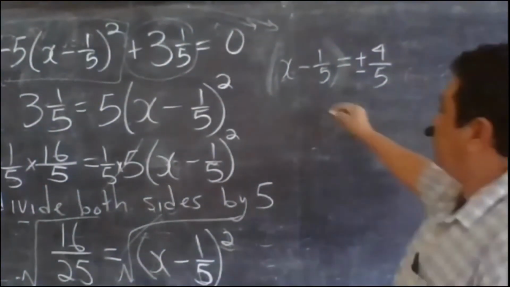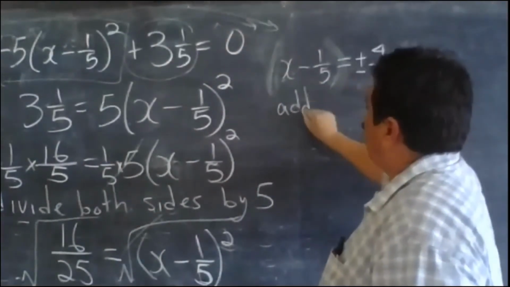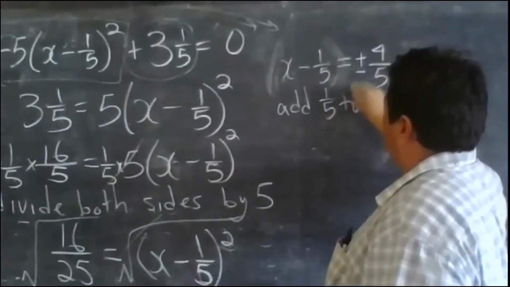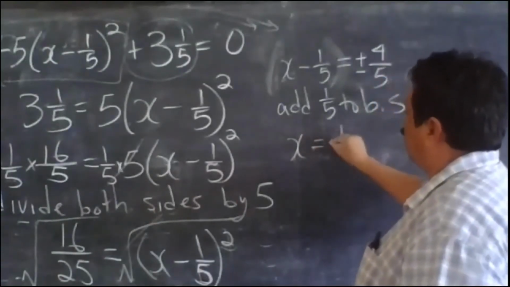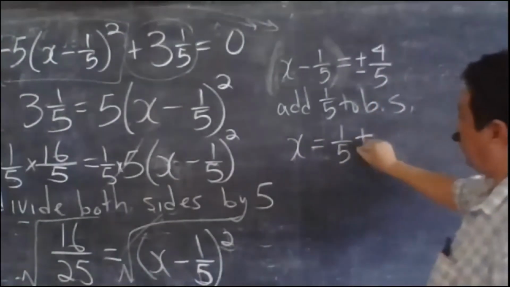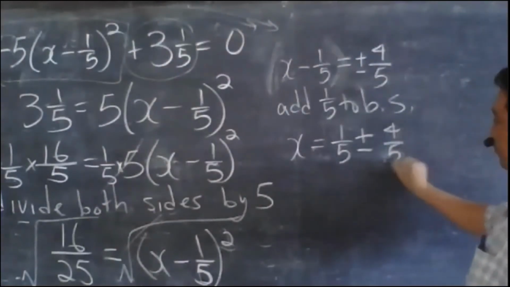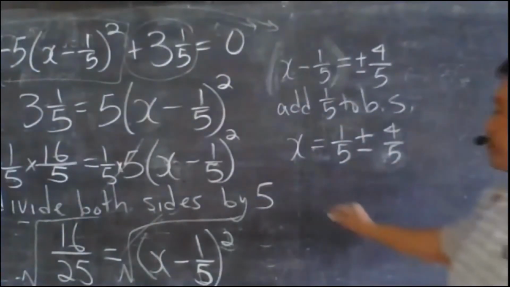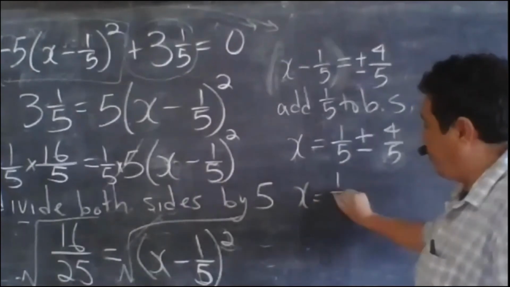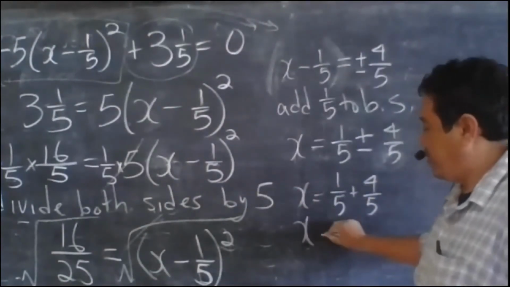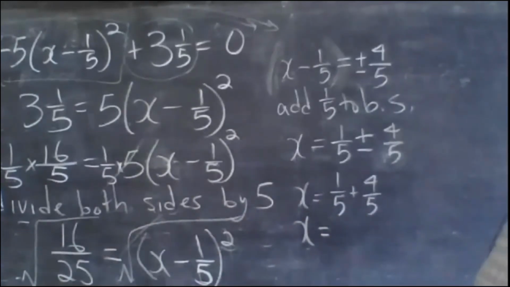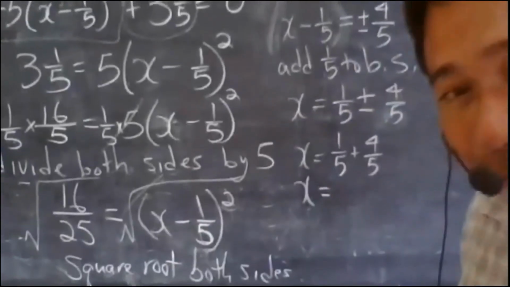So I will add 1/5 to both sides. So x is equal to 1/5 plus or minus 4/5, which means x is 1/5 plus 4/5, which gives me what? What's 4/5 plus 1/5? 1.